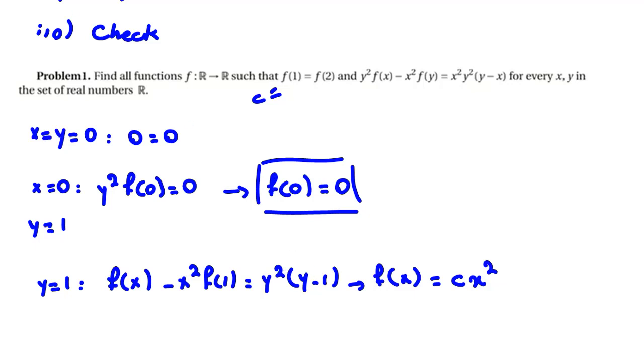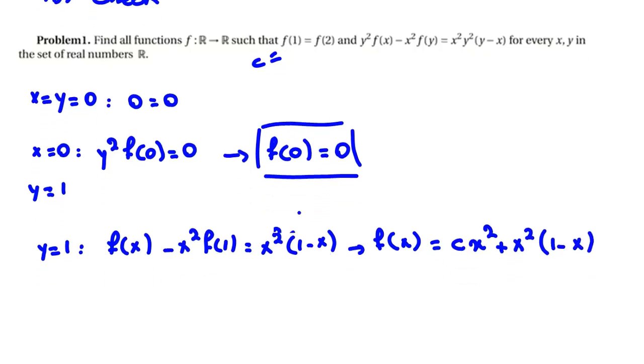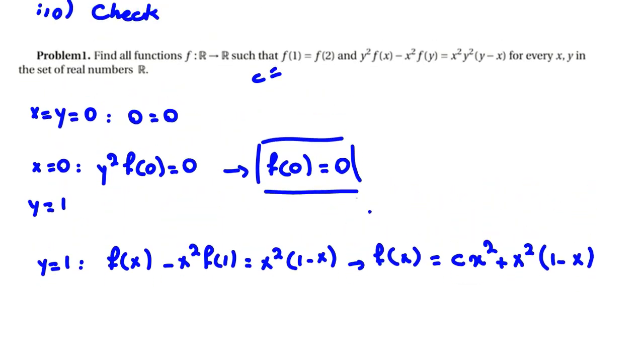No, sorry, here I've made a mistake. y is 1, so it will be x squared times 1 minus x. So it will be f of x equals cx squared plus x squared times 1 minus x. Okay? Now f of x is this.